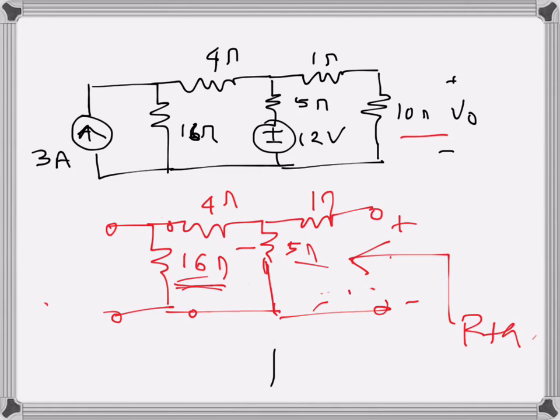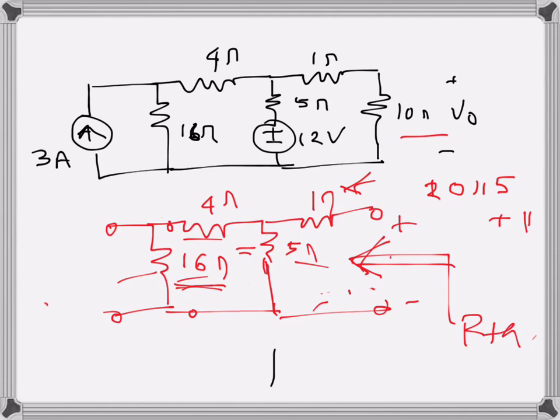The resistance that I see now is 16 and 4, these two in series, and it's parallel with 5 ohms. So I have 16 plus 4, which is 20, parallel with 5, and then again in series with this 1 ohm resistance, because I'm looking from here, so I have to add 1.